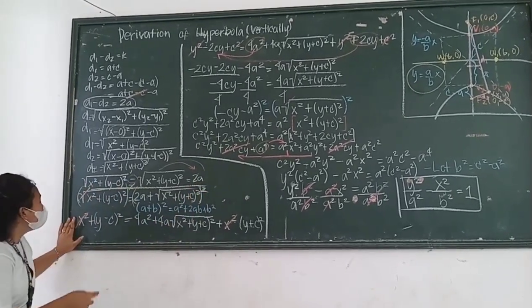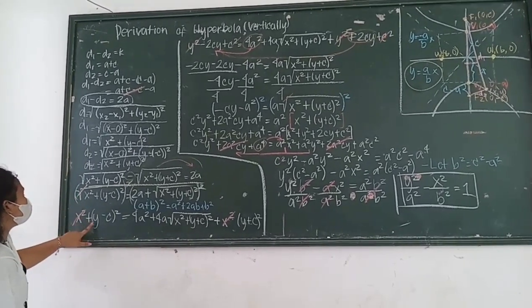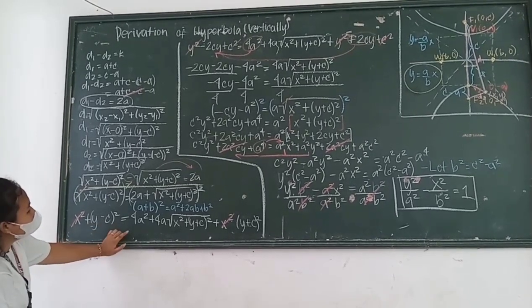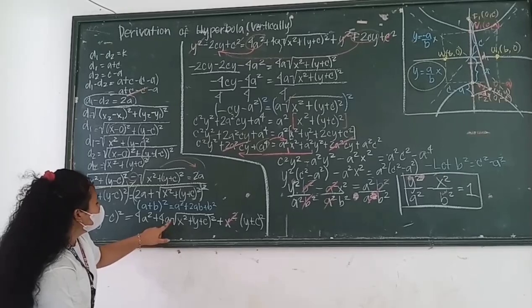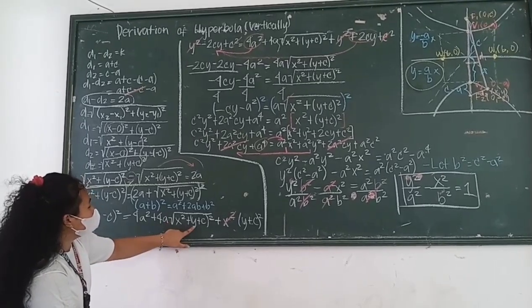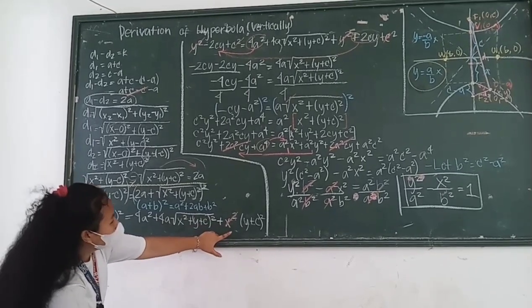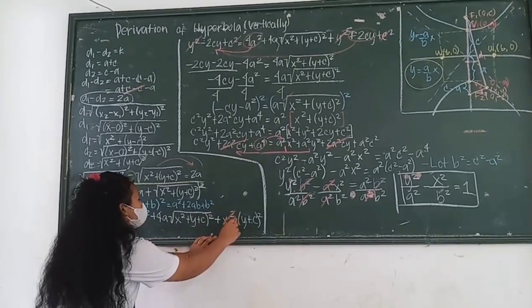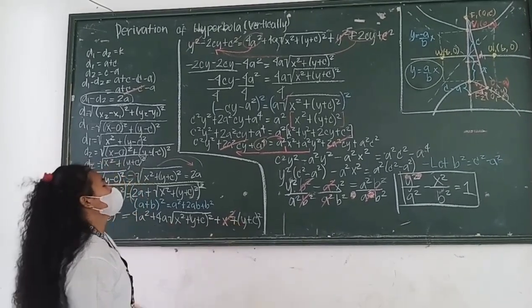So that will be x squared plus y minus c squared is equal to 4a squared plus 4a square root of x squared plus y plus c squared plus x squared plus quantity of y plus c squared.